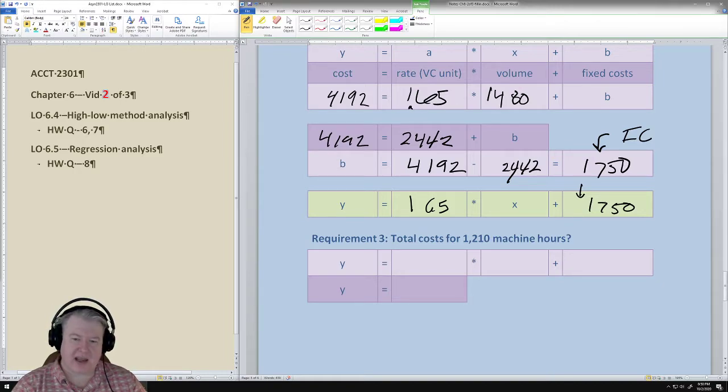So we would just take this previous equation and we'd say 1.65 times the new volume, which is 1210, plus 1750. And then we would say our new cost, when you go through and solve it all out, comes out to 3747.